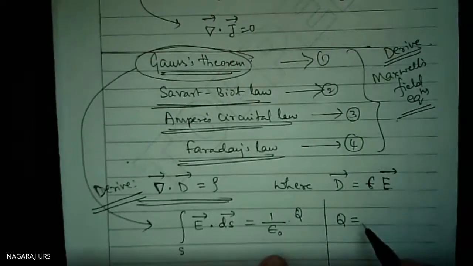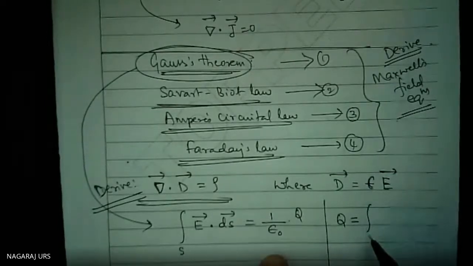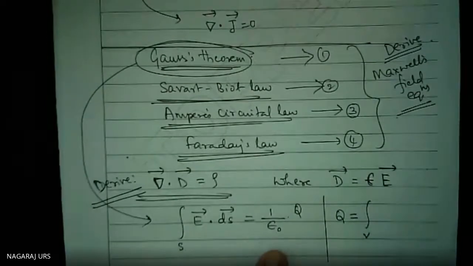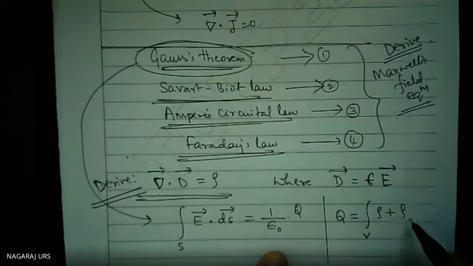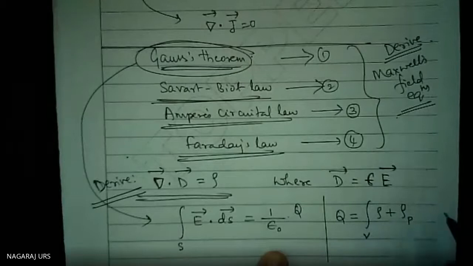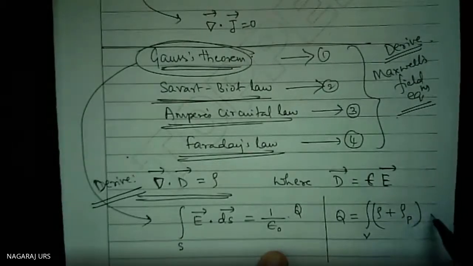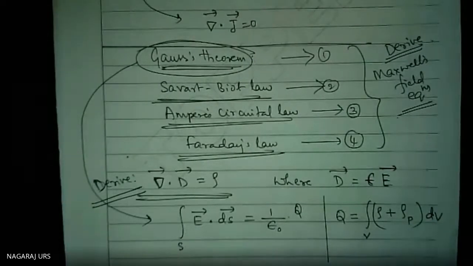The total charge enclosed is equal to the volume integral of (rho plus rho p) into dV. Rho is the charge density. Then what is rho p here? Rho p is the polarization charge density.